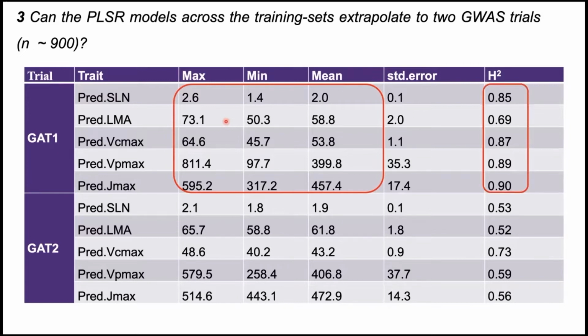And there is a very interesting result. The heritability for the traits in GAT2 were consistently lower than those in GAT1, which is expected because genotypes in the trial of GAT2 were mostly hybrids, and hybrids usually have lower heritability than inbreds.